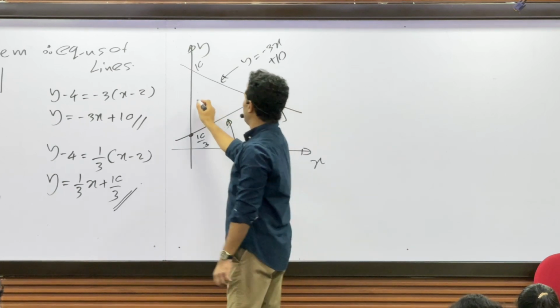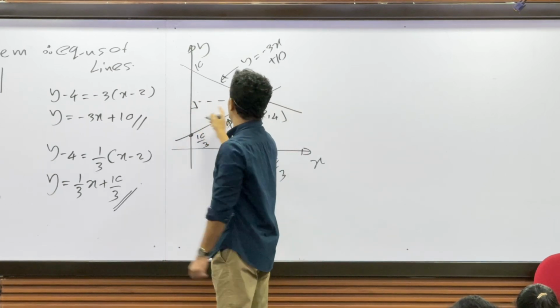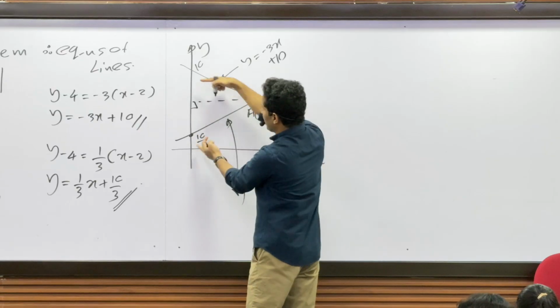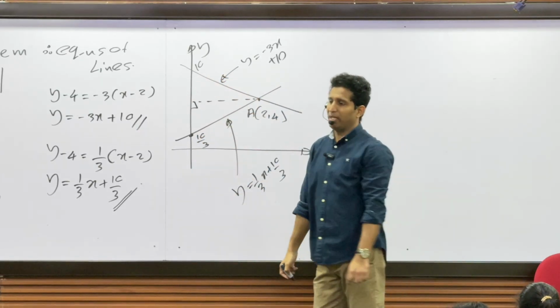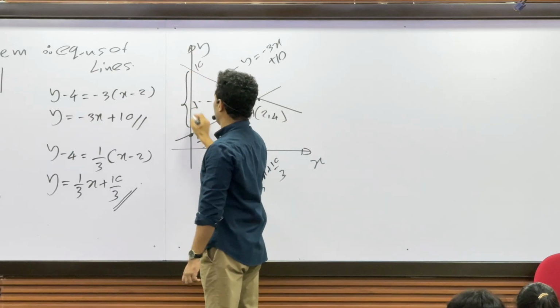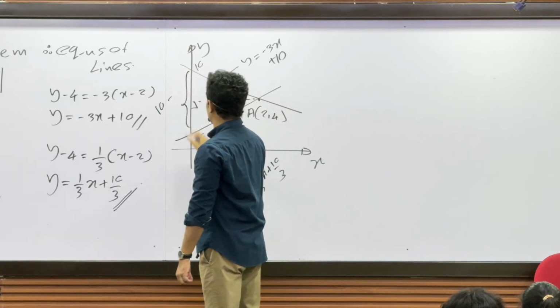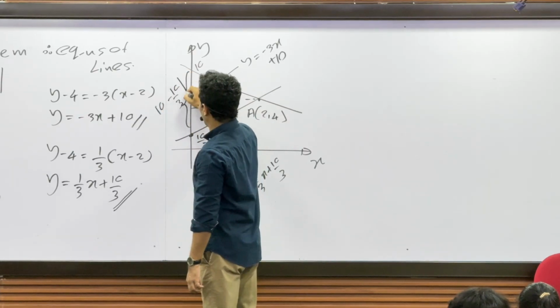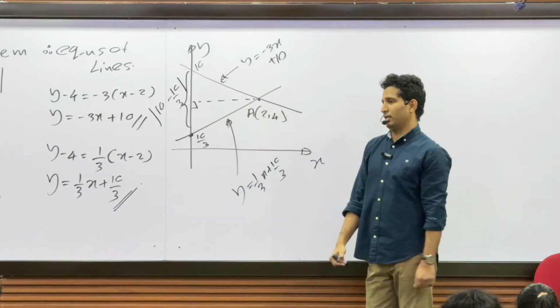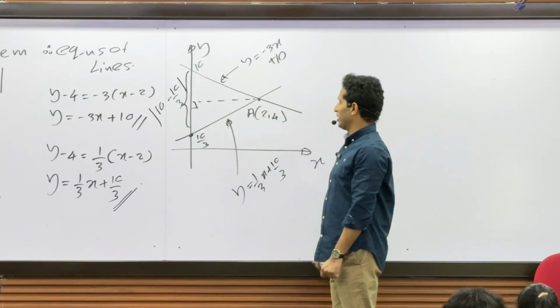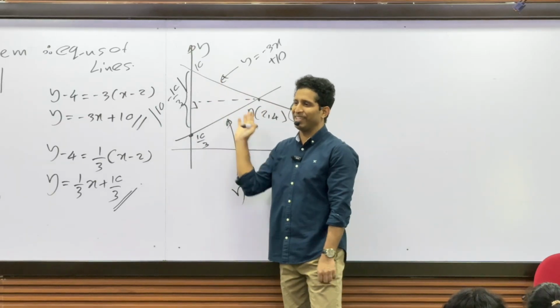Now you can find the area of the triangle. We know this distance, that is 2, and we can find this height. You okay? Okay, this height is the modulus of 10 minus 10 divided by 3. Now, the area of the triangle. Sometimes I know you are trying to find these coordinates and then find the area.